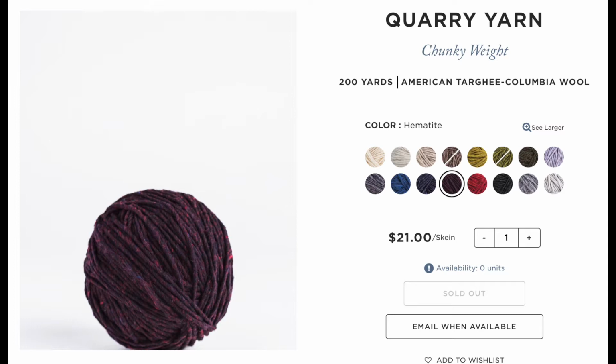And color also affects the stitch definition. A highly variegated yarn is obviously not going to show your stitches as well as a solid light colored yarn. So you'll want to look at your pattern and see if the pattern really is dependent on something with good stitch definition or if stitch definition isn't so important. You'll want to take that into consideration with your yarn substitute.